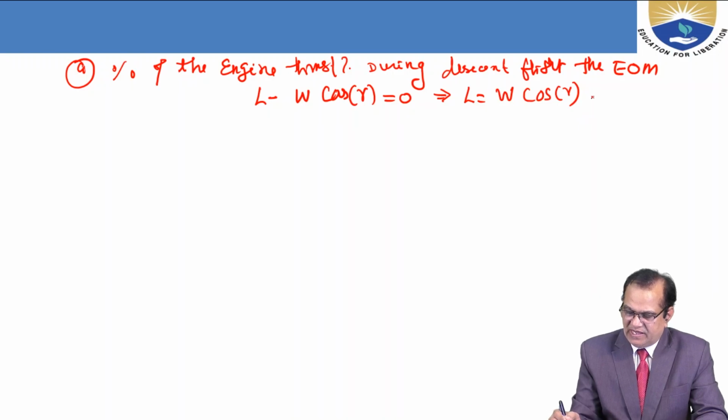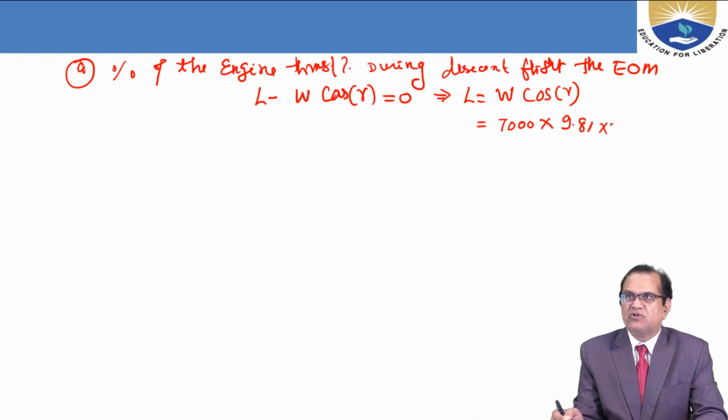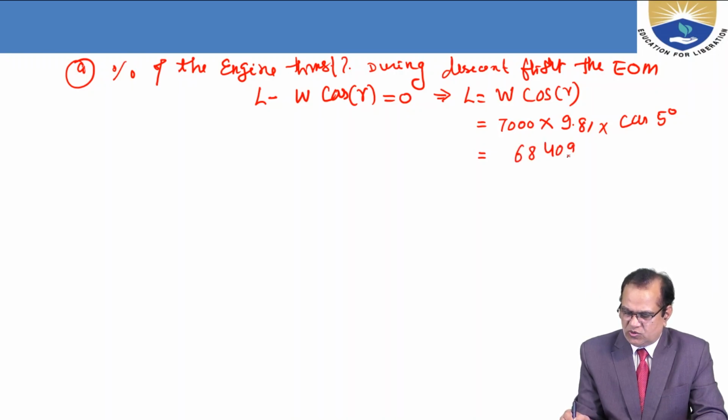And here W is equal to the given mass times g. So it is 7000 kg into 9.81 into cos of 5 degrees. This you will get as 68409 Newton. This is the lift.